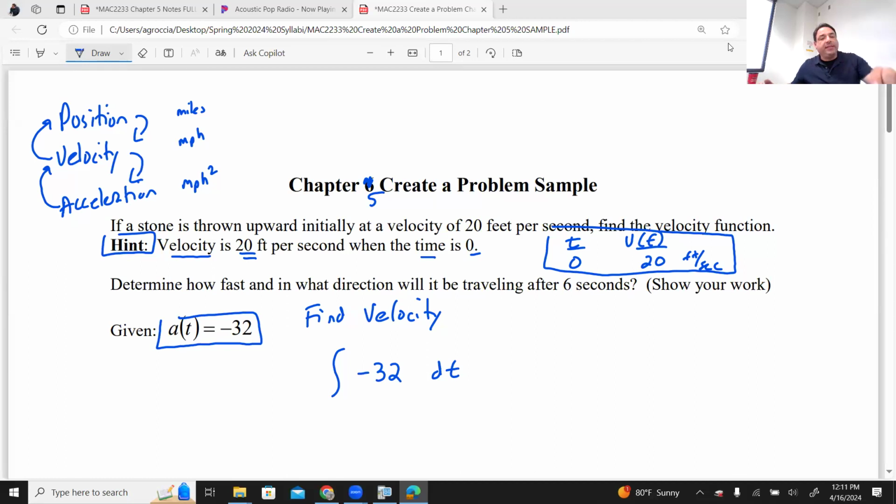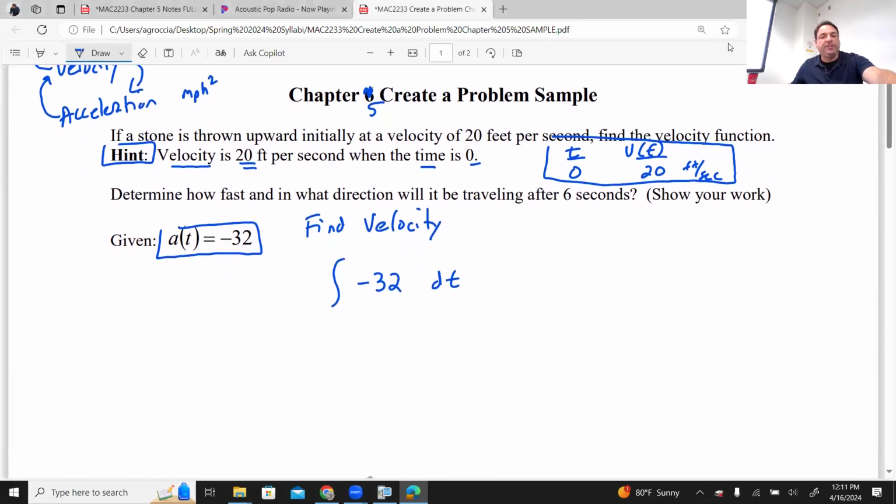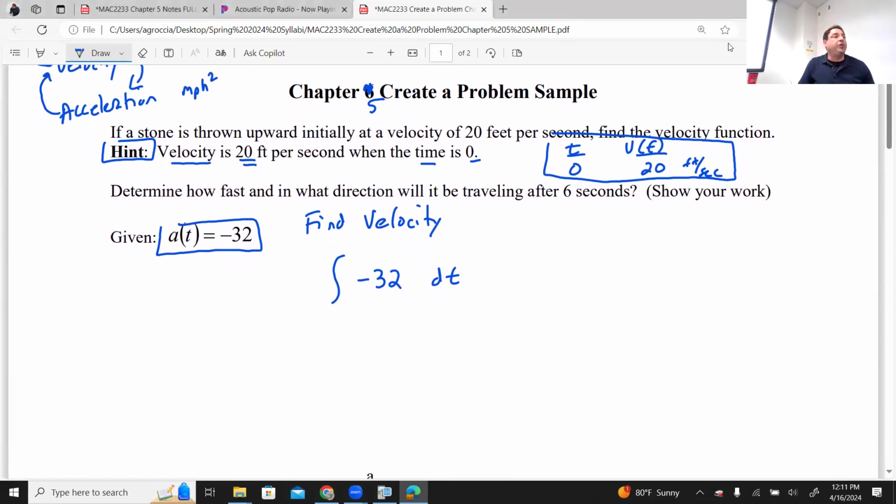So be careful. Sometimes it's the basic ones that kind of trip us up. If you're taking the integral of -32 or any number, this is going to be -32t. Don't forget your plus c. And again, we're going from acceleration to now velocity. So you have your velocity, but there's an issue. The issue is we don't know what c is. So you must be given, I called it a hint, but you must be given some information about velocity in order to find c.